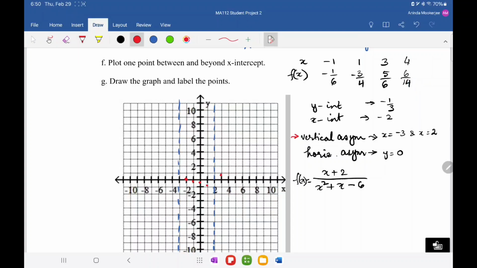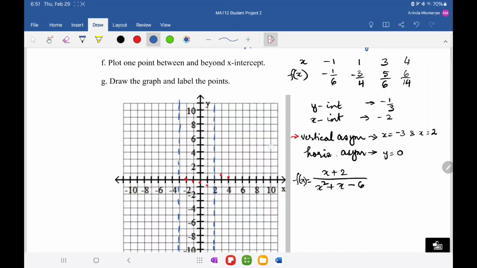So it'll be somewhere here. And the same thing on this side also. Just plot, and I'll leave that to you. Choose some negative x values beyond -3, where the left vertical asymptote is, find the y values, and plot those points. But overall, this is how the graph is going to look.